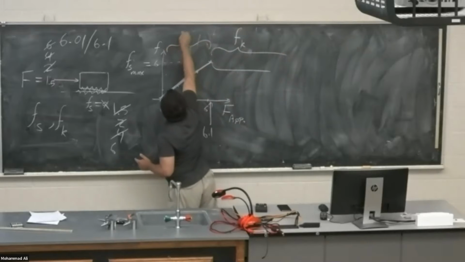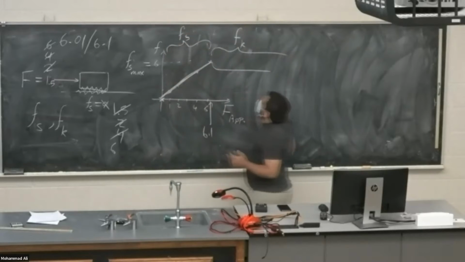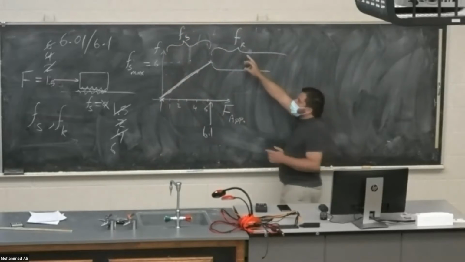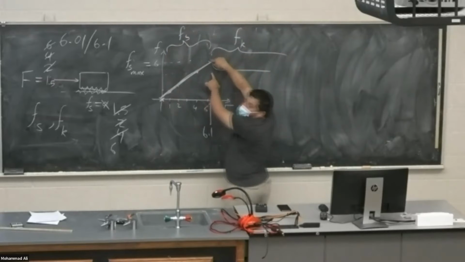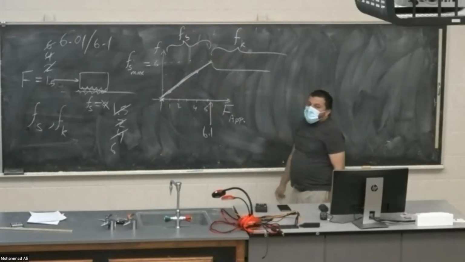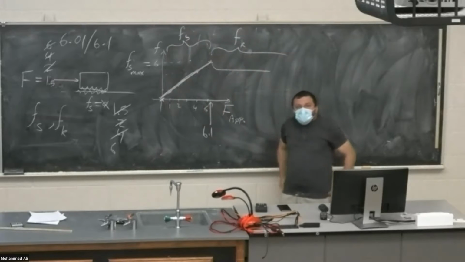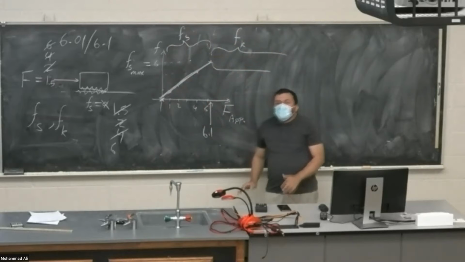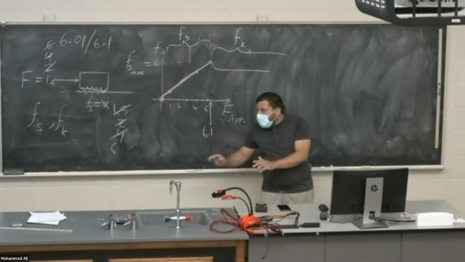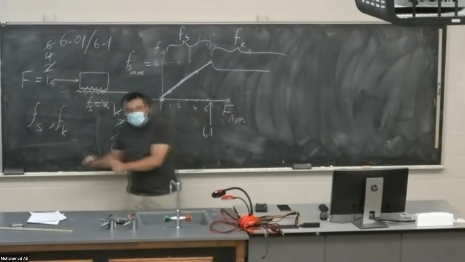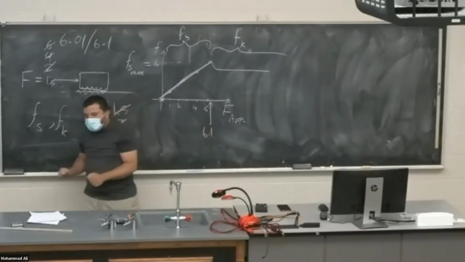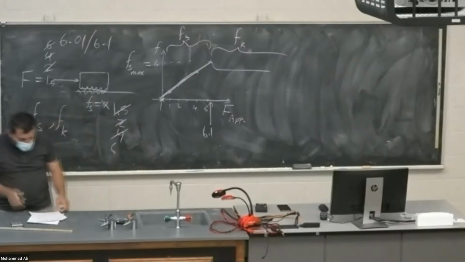Here, I have F static. And the kinetic friction force is smaller than the maximum value. Okay? And you know that if you start pushing a box, it is difficult to start pushing it. But after the box starts sliding, it is simpler to push it. You can try that. I think you tried that before.